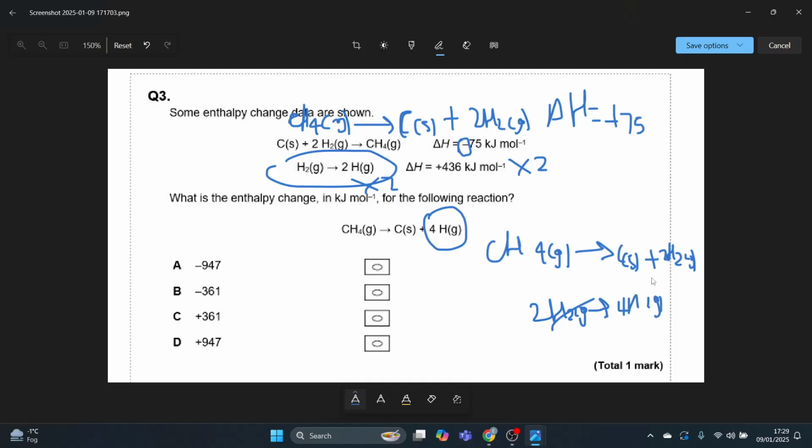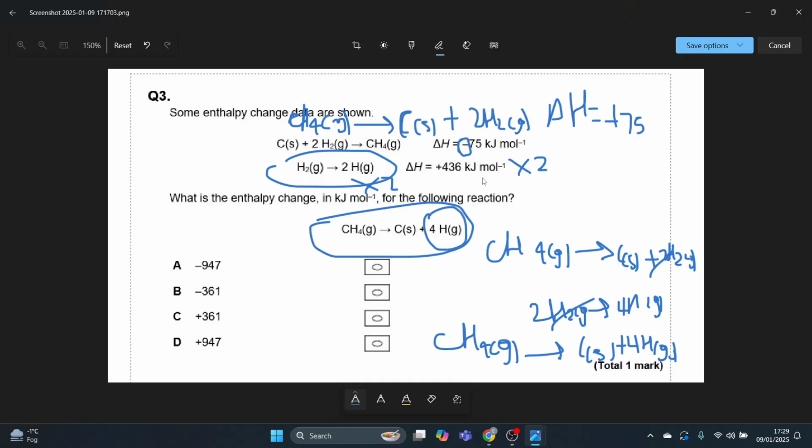All we have to do now is add them together. The 2H2s will cancel out and we'll be left with CH4 in its gaseous state arrow C solid plus 4H in its gaseous state. Perfect. And that will give us the enthalpy change for this following reaction.